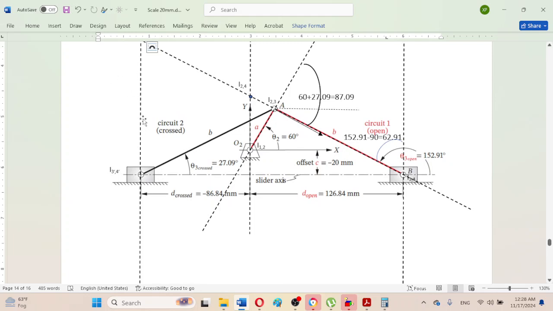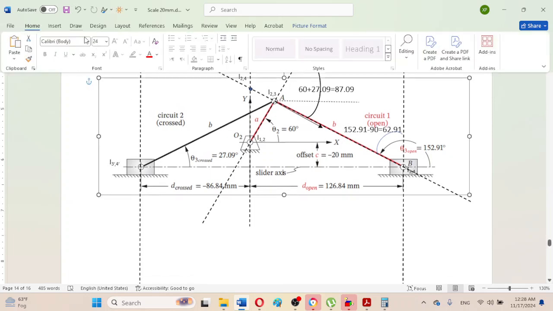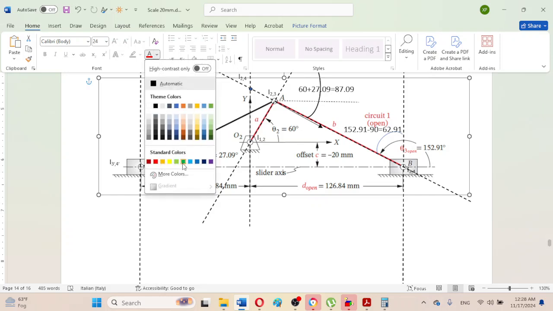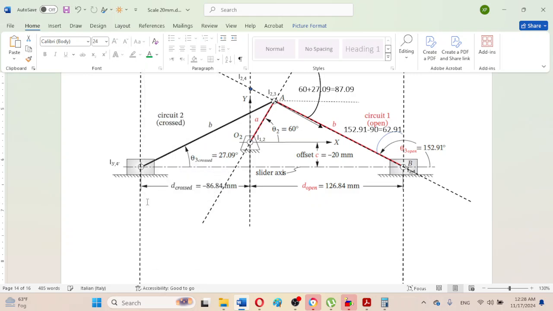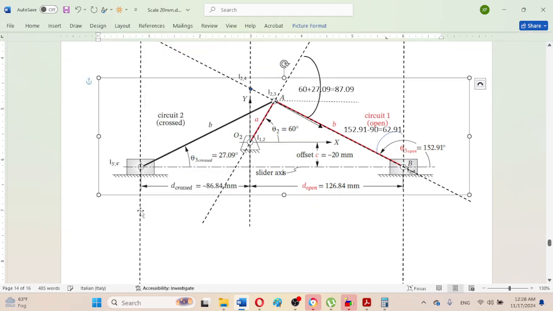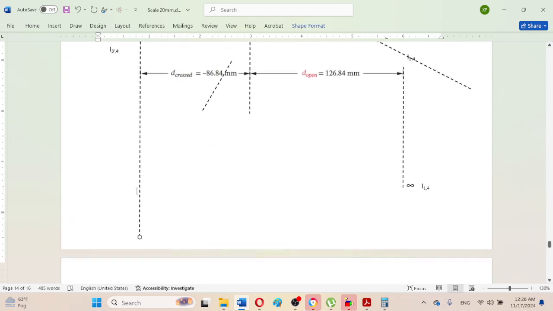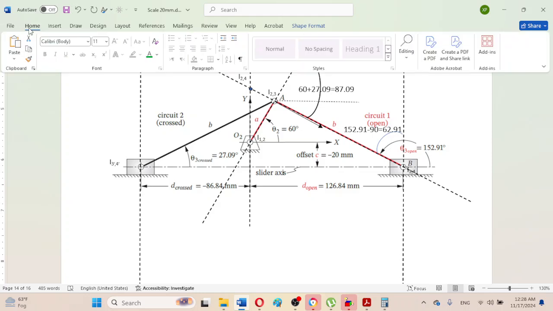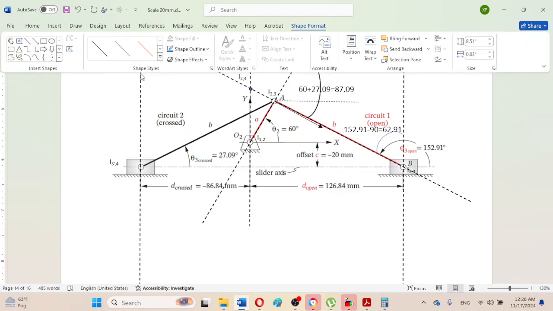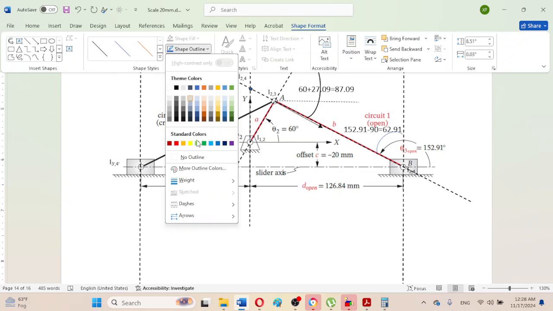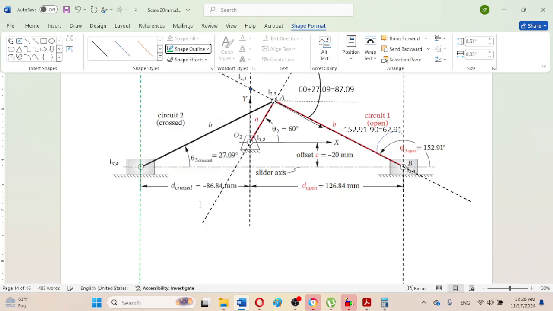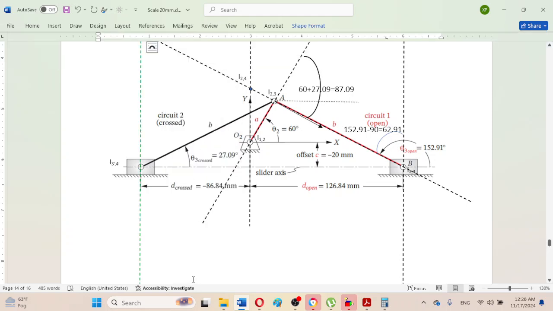To distinguish it I can use some different color, for example, green color. I can go into the shape area, and in the shape outline I can use green color just to distinguish it.